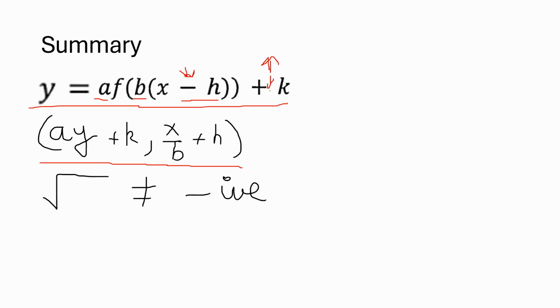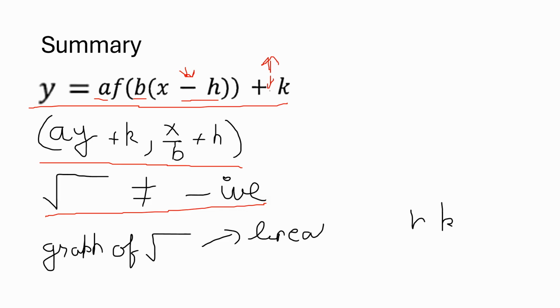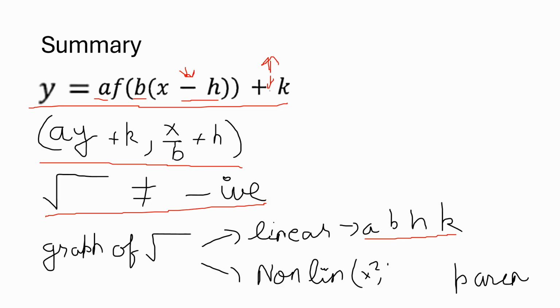Next up, the restrictions. Radicals can't be negative. And also remember to check your answers when solving algebraically. And for graphs of radicals, if it's linear, it's just normal A, B, H, K values like this. But if it's not linear, you just graph the parent and use it to graph the actual radical graph.